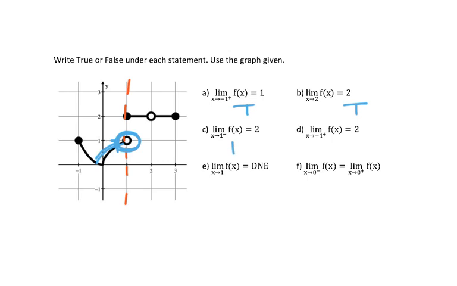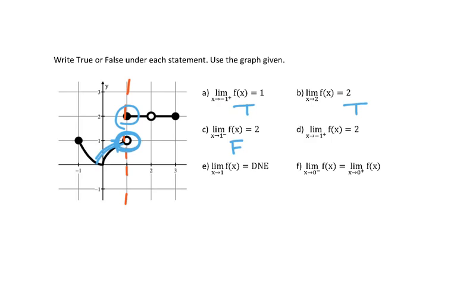So this is actually a false statement. I know it probably looks like it should be 2 because the function is defined there at 2, but remember the limit is what y value it's approaching. It's trying to get to a y value, in this case of 1, so that is false.